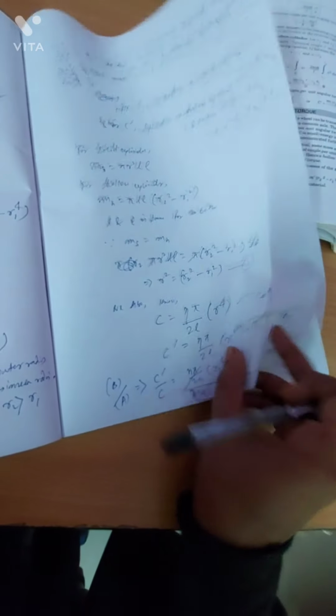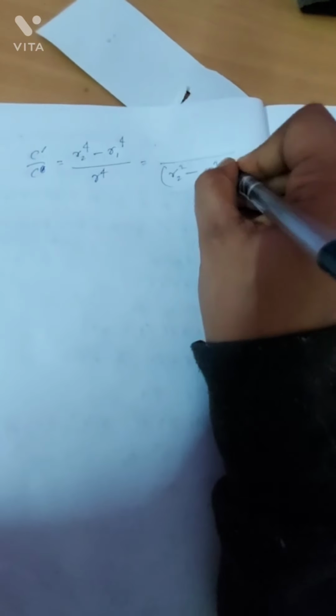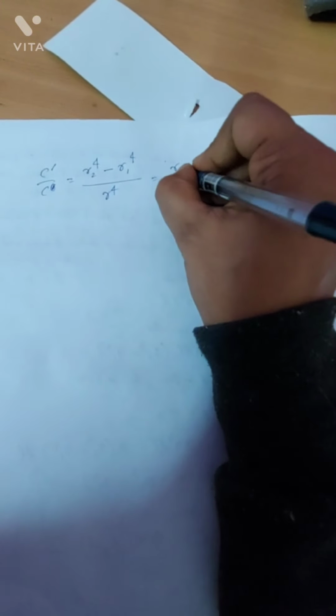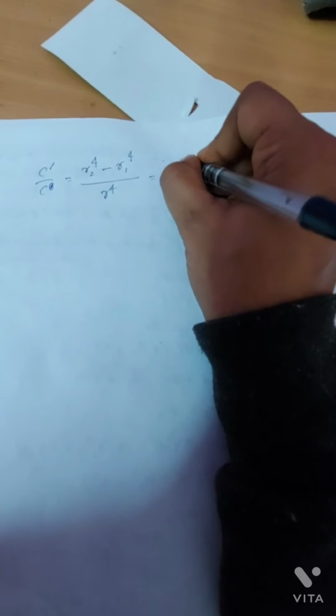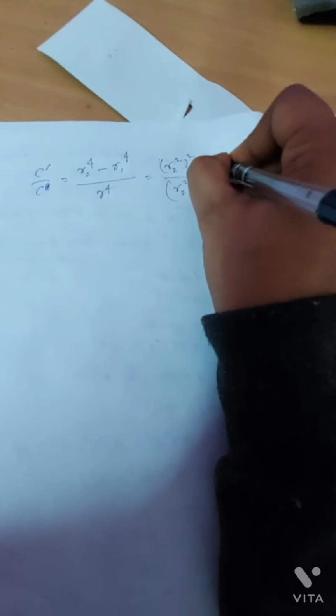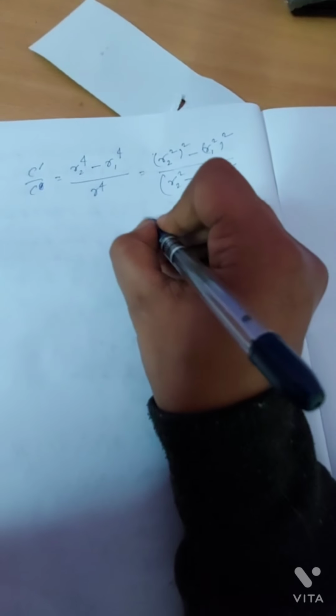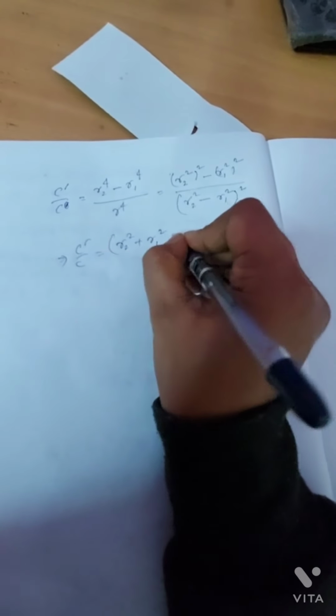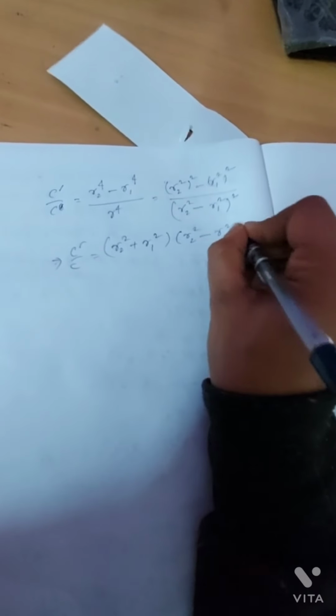So if we substitute the value of r square here, we get r2 square minus r1 square whole square in the denominator, and the numerator r2 square whole square minus r1 square whole square, which by a square minus b square is (r2 square plus r1 square)(r2 square minus r1 square).